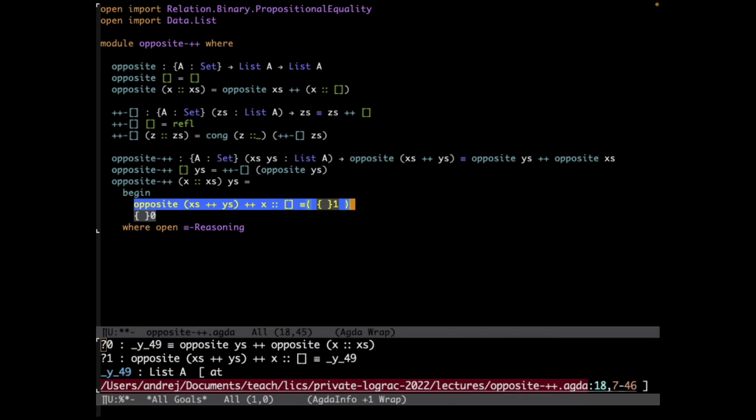No, it doesn't want me. It's very unhappy about this, but maybe it will be okay. So how do I apply an induction hypothesis here? Well, it's underneath something, a concatenation. It's underneath adding this thing at the end, which is underscore plus plus x. If I'm right, then this should be working.